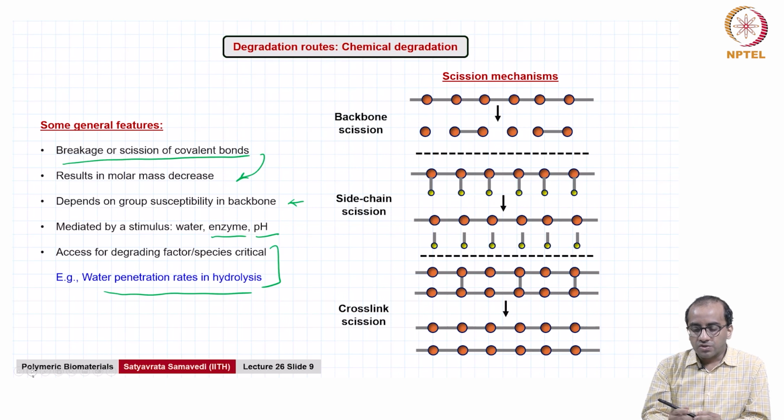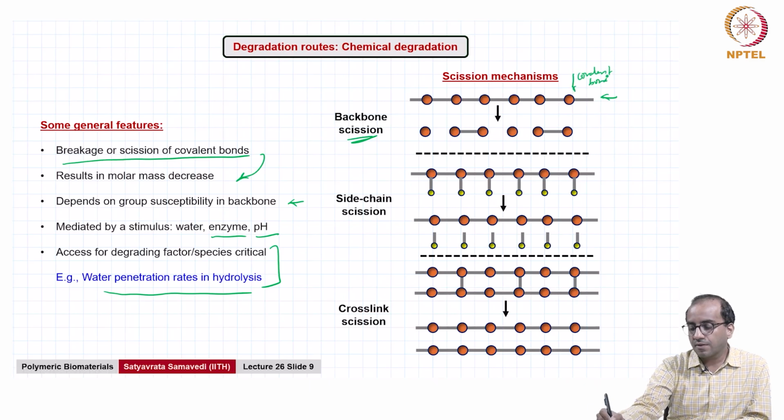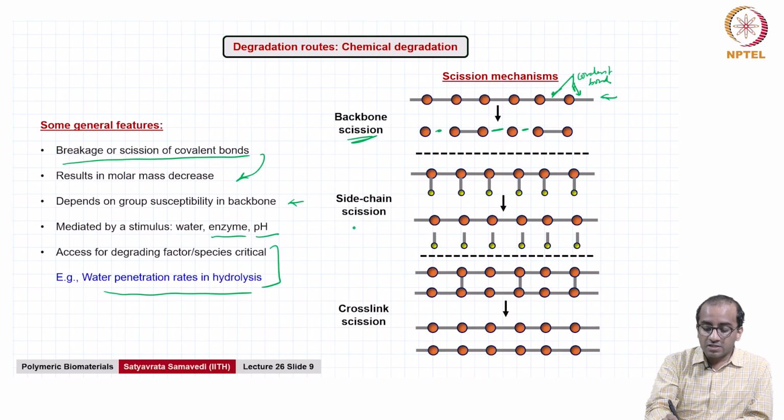or 3 scission mechanisms. The first one, of course, is the backbone scission, where this is the polymer backbone. These are covalent bonds, and because of ester hydrolysis, for example, you can have these bonds breaking apart in the backbone. Another way for this to happen is for side chains, right?